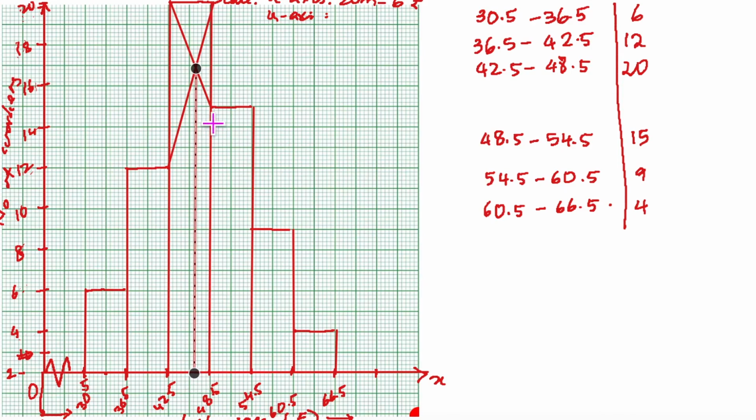Did I do it right? It is 1 division and half division. Oh, it became crooked. 1 division and half division.